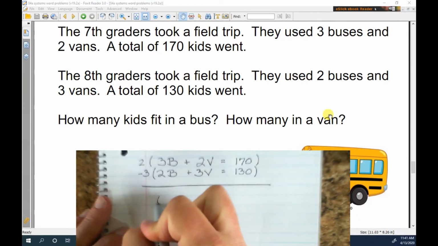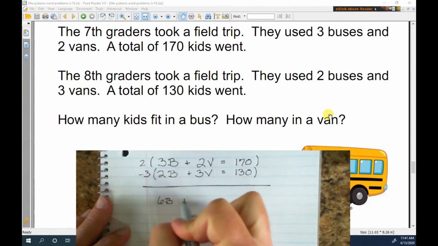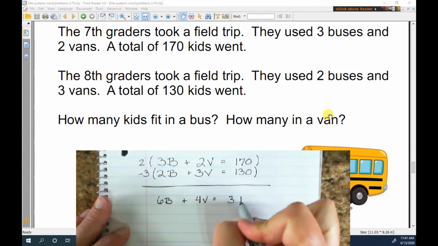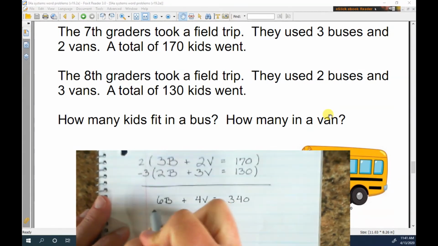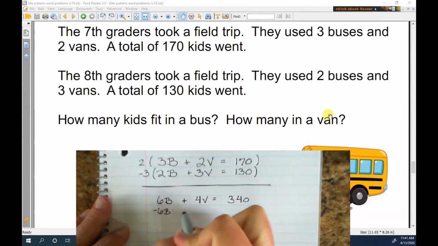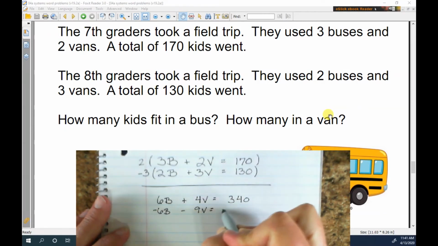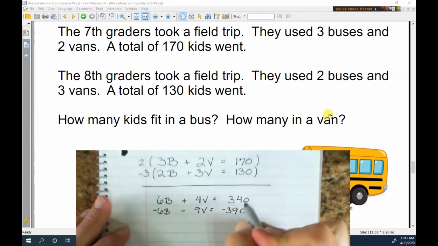So I have 6b plus 4v equals 340, and negative 6b minus 9v equals negative 390.